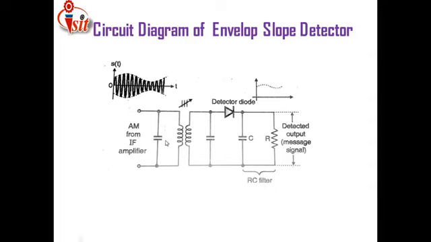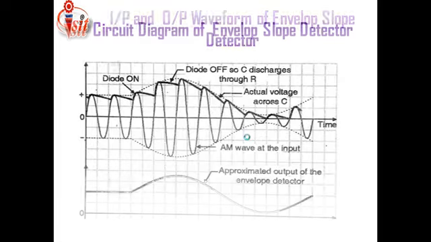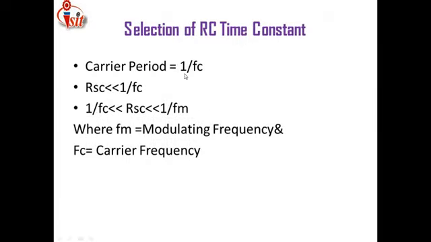For the designing of the R and C components, or how we are going to select the R and C components, let us see. For the selection of the RC time constant, we consider the carrier period equal to 1 divided by FC. Here FC is nothing but the carrier frequency.